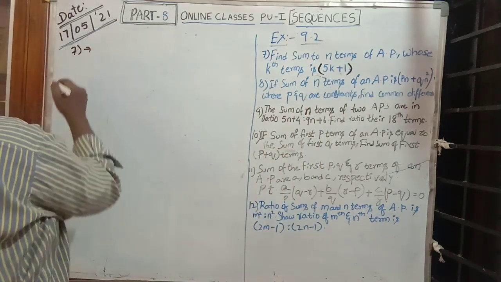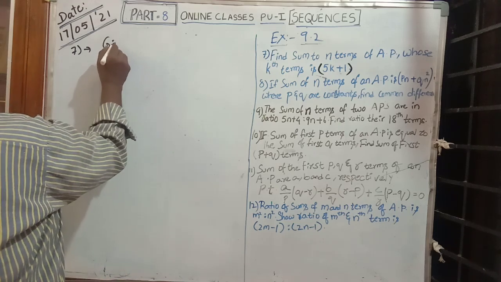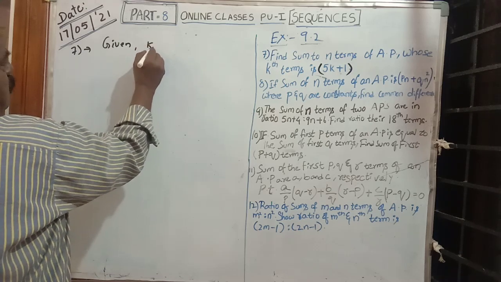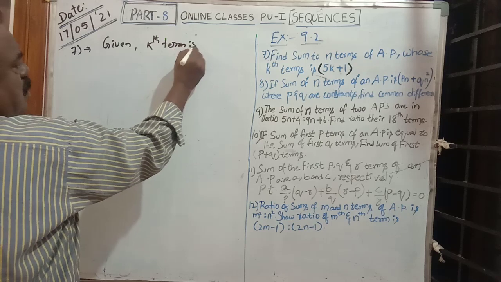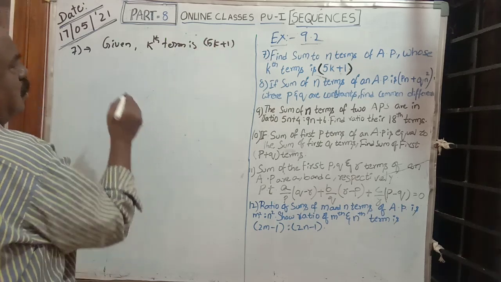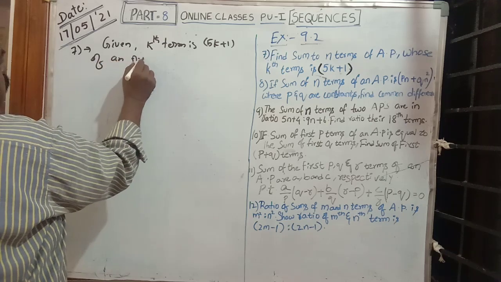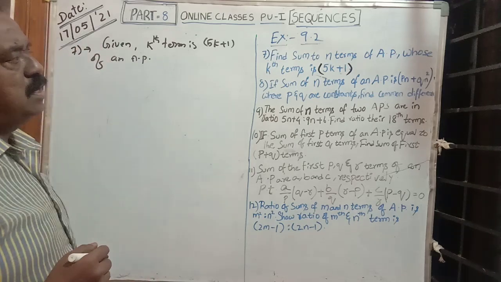It is the seventh one. The kth term is given. What is given? The kth term is 5k plus 1 of an AP, an arithmetic progression.